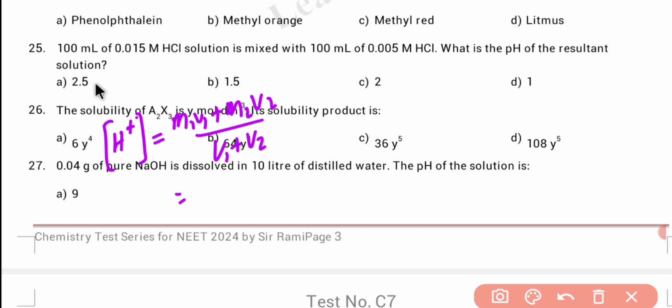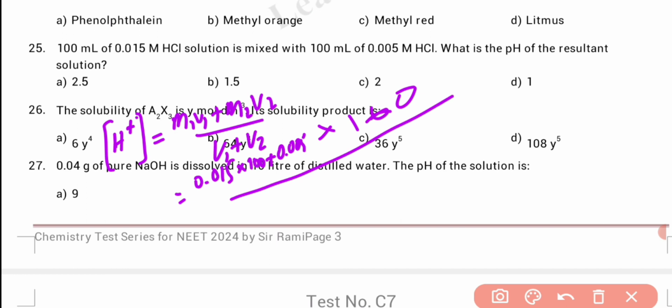So M1 is 0.01 into 25 plus M2 is 0.005 into 100, divided by the total volume. This will give the concentration of H plus ion.